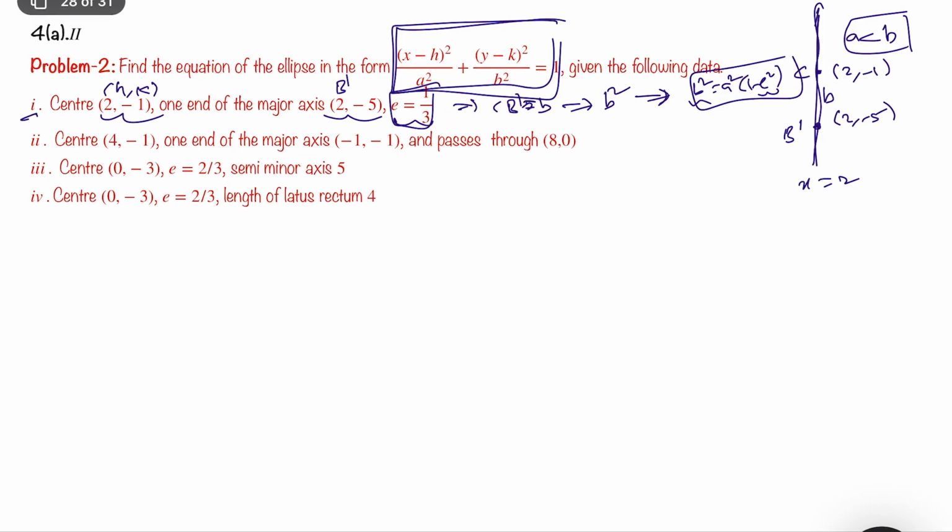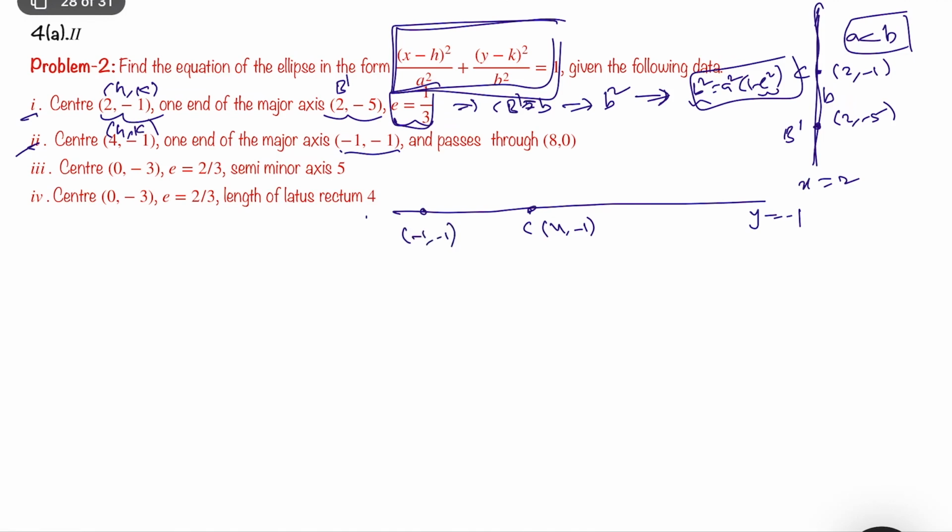Okay, fine. Similarly, if you look at the second one, here again the center h comma k is given, and one end of the major axis is minus 1 comma minus 1. This time the center and one end of the major axis lie on a horizontal line, y equals minus 1. If this is the center, 4 comma minus 1, then one end of the major axis is minus 1 comma minus 1.